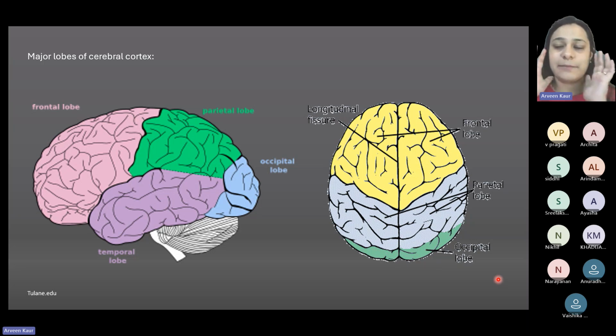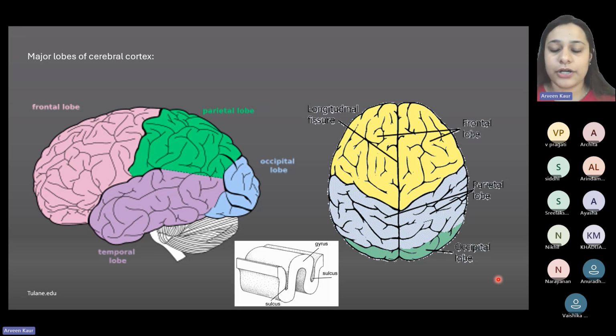And since the temporal lobe is a little towards the bottom of the brain and lateral, how will you call it using those brain orientation terms? It will be towards the posterior lateral side, right? That is why it will not be very well visible when you are looking at the brain from the top.